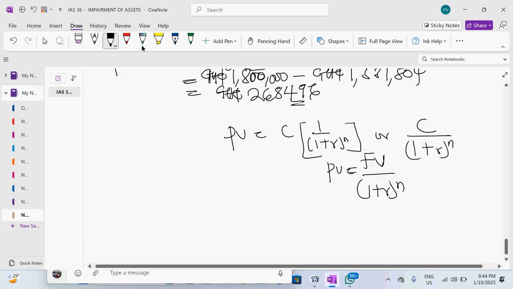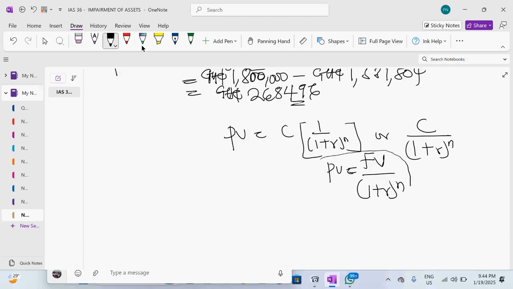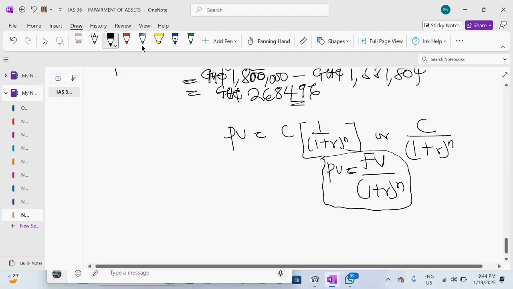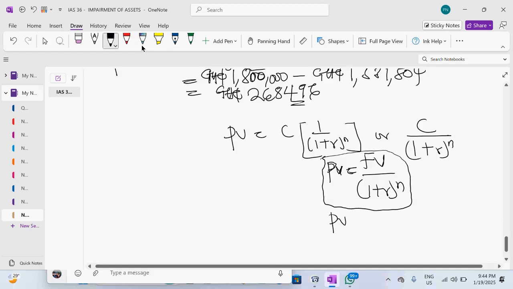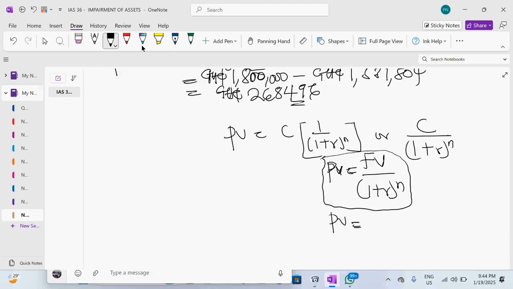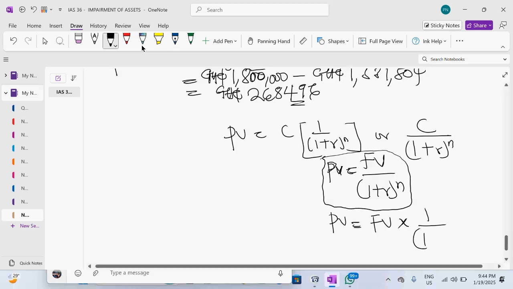So that is the same thing. These are all future values, so you have to discount them. Since we are interested in the present value, we have to use the present value formula. Discount factor is 1 over 1 plus R to the n.